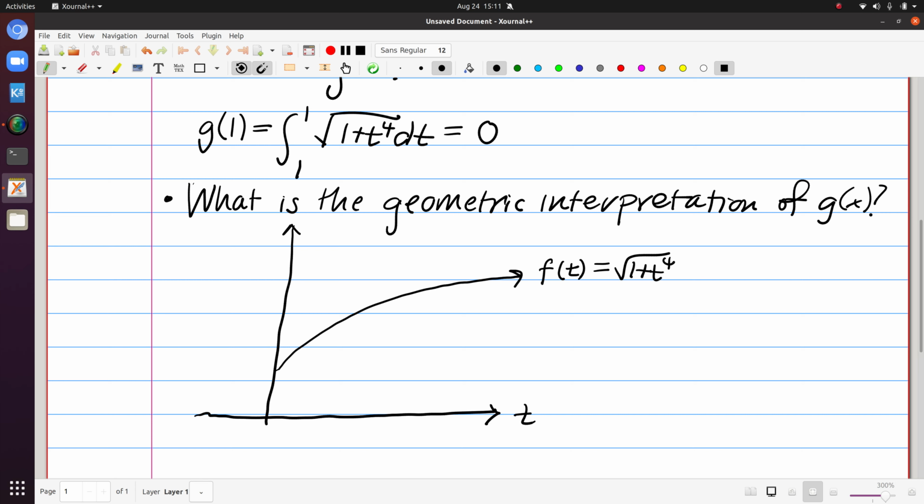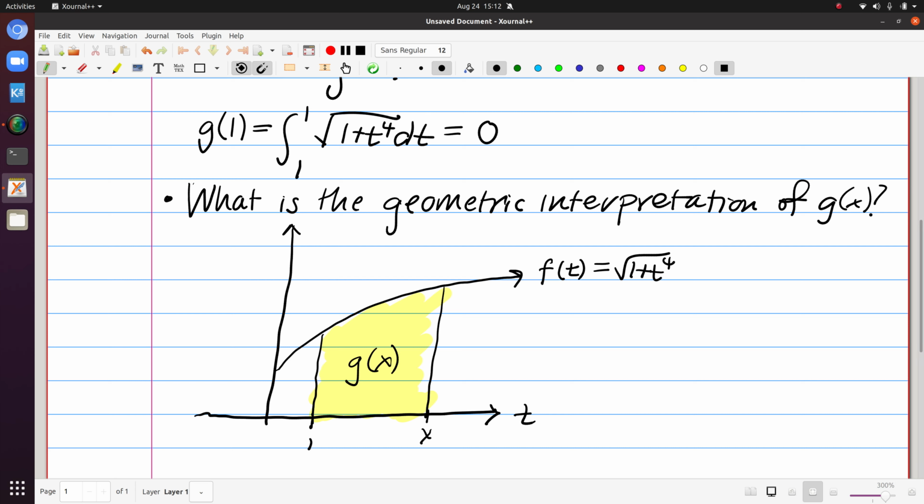And this is my t-axis. So if we want to interpret g of x, I need to identify 1 on the t-axis. And we can think about that if x were, say, here, then g of x should give me the area under the curve f from t equals, in this case, 1 up to the value x. So that area is really how we're interpreting g of x here.